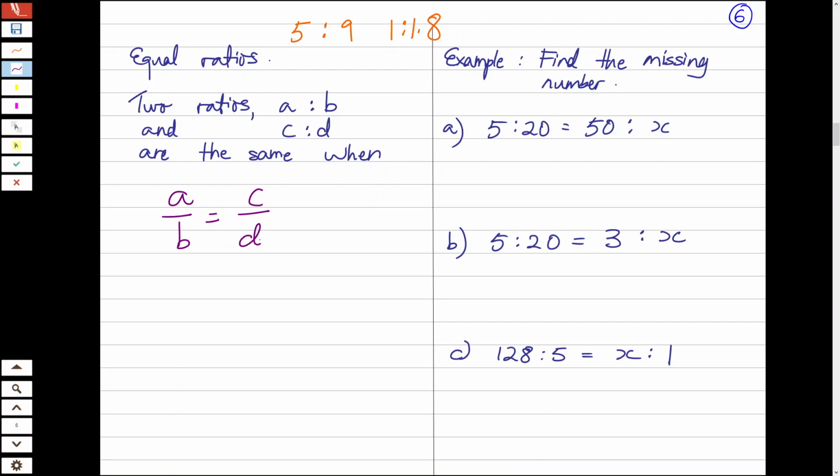Okay, so one thing that we might want to do is say that two ratios are the same and then find a missing number. You do need to do this on the assignments, and I can think of a question on the Year 12 exam where they needed to do this as well. So, the first one, part A, which is here, I reckon you can do that without using the fractions.